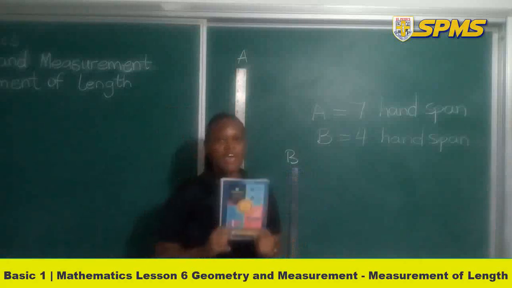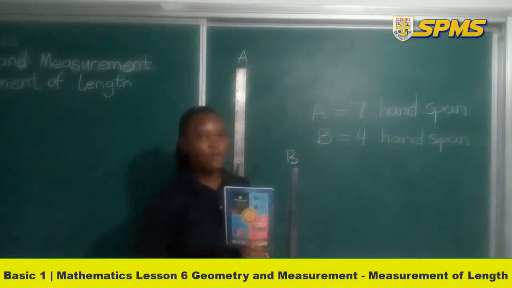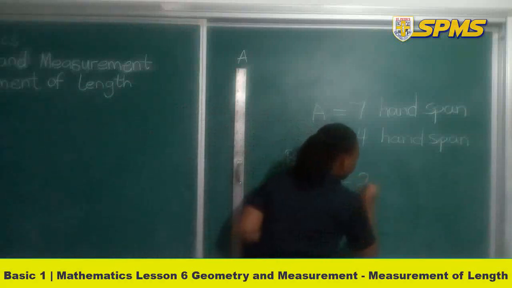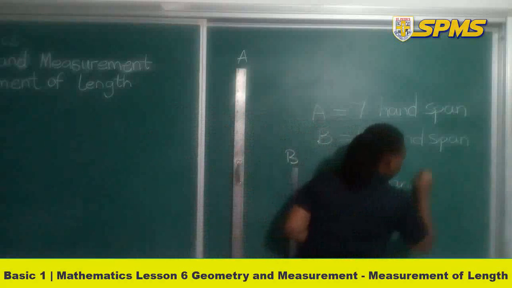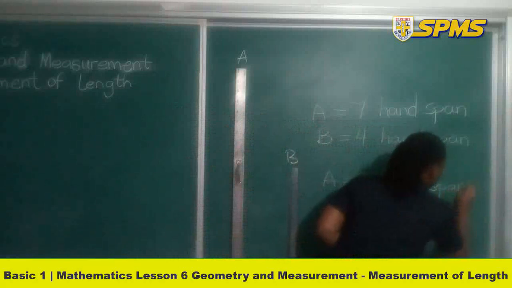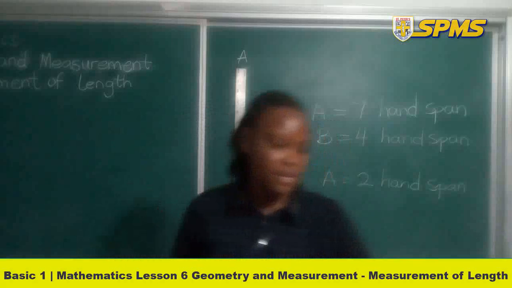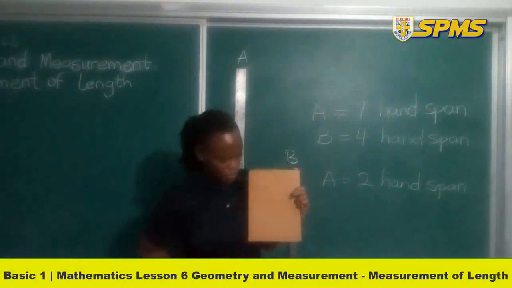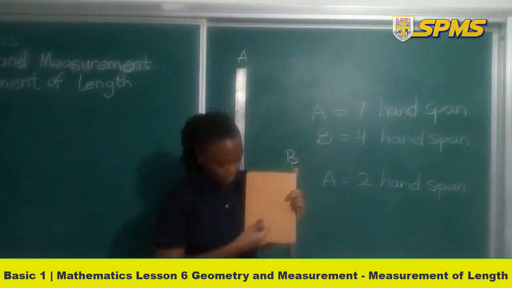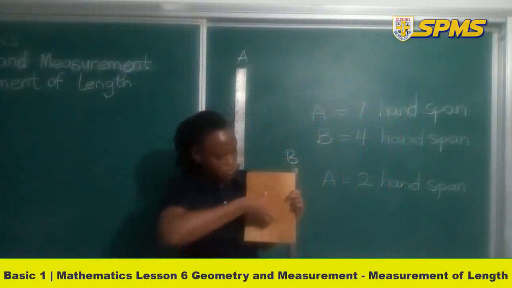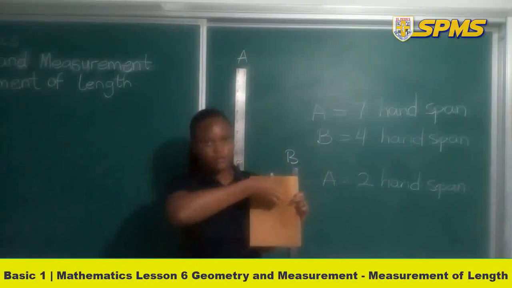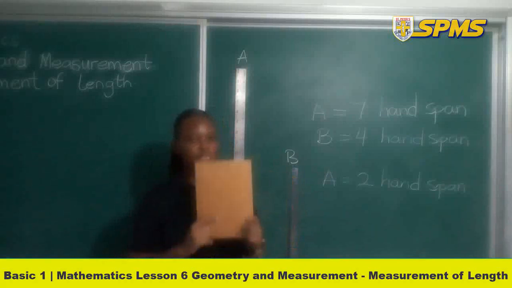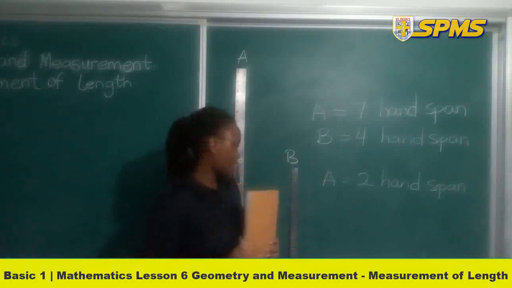So our object A is equal to 2 hand span. Let us take object B. Let us count together. 1, 2, 3. So object B is equal to 3 hand span.